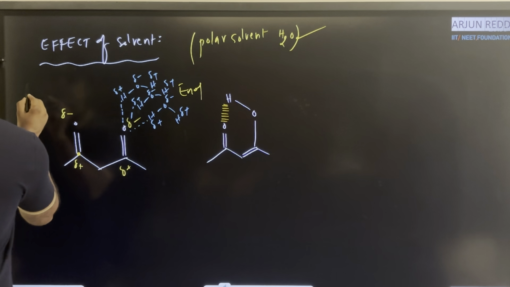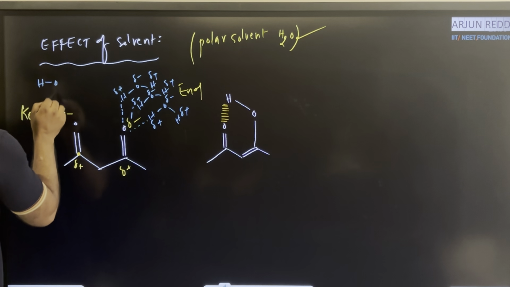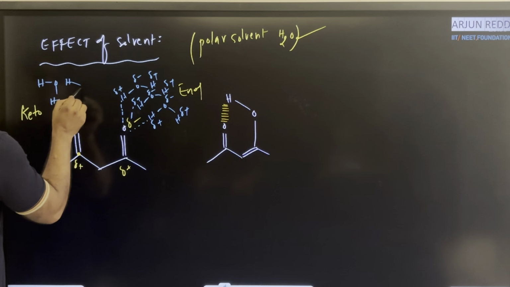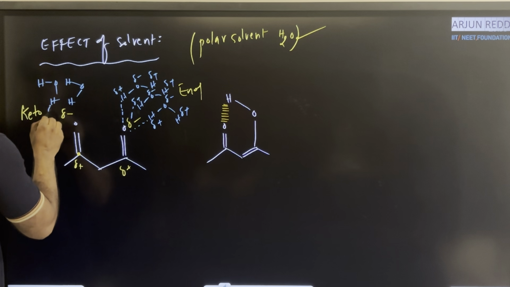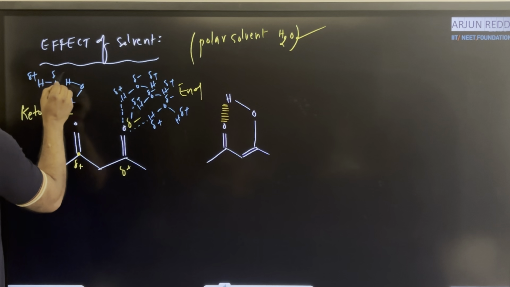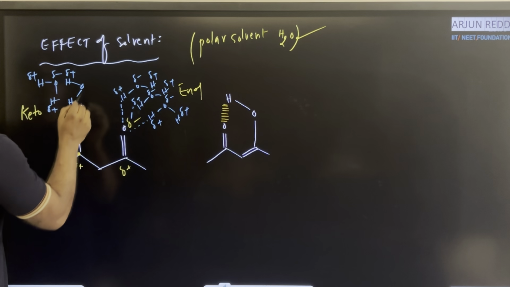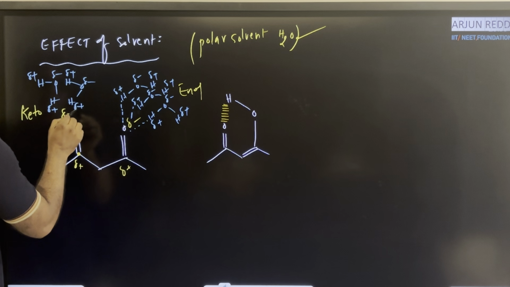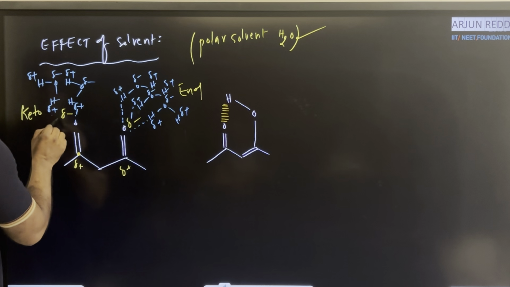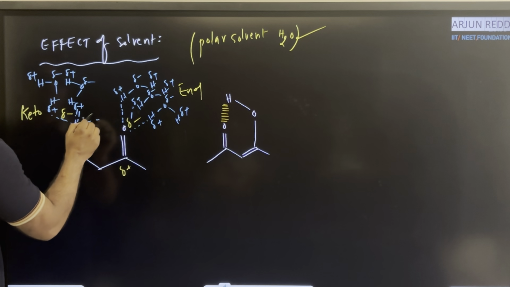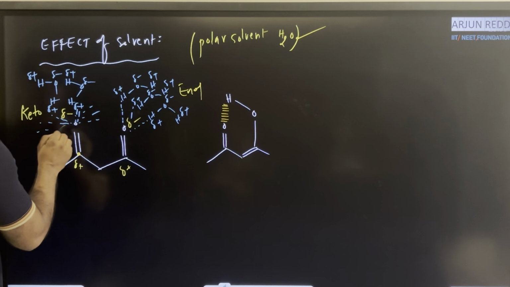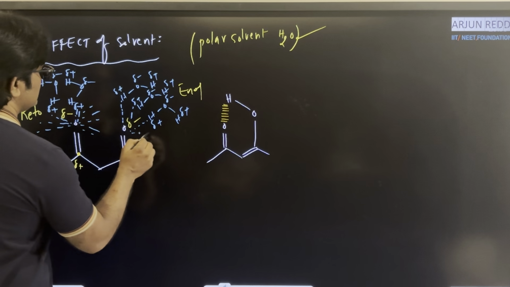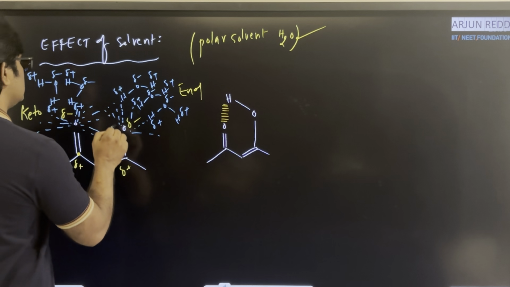Like that, here also water molecules are solvating the carbonyl function. Like that, a lot of water molecules are there in the solution, and all these water particles are greatly solvating that keto form.